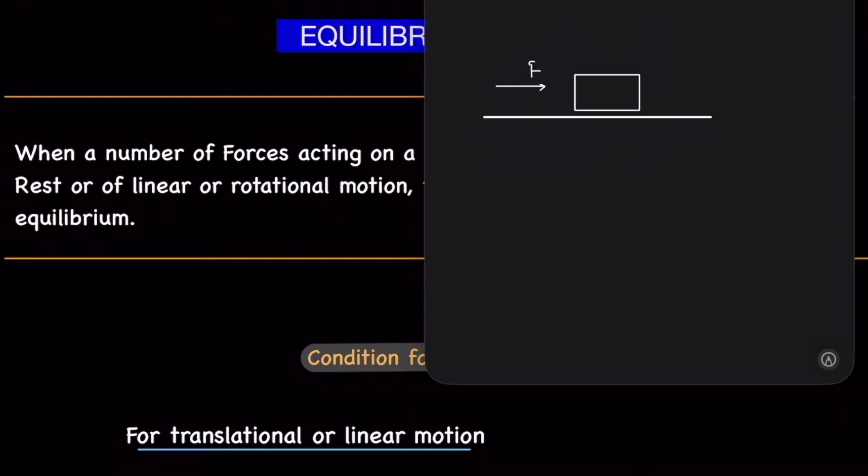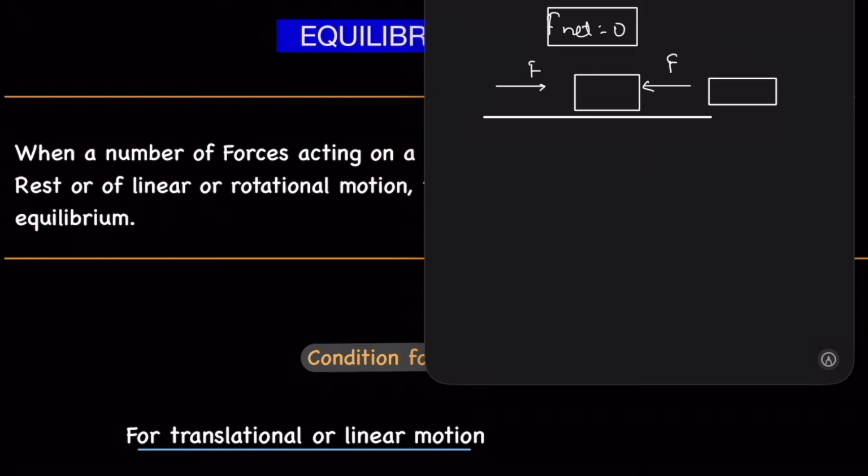Means after a certain time, body will reach this position. It means that the body is not at equilibrium. When can we convert it to equilibrium? When we apply the same force but in the opposite direction, so net force here is 0. Then we can say that body is at equilibrium in terms of translational motion.